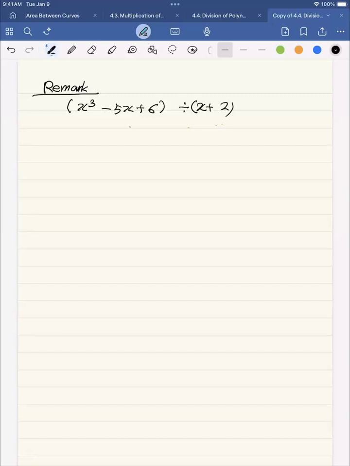When we have a division, x cubed minus 5x plus 6 divided by x plus 2, we can apply synthetic division. What we know is the numerator is degree 3. And when we solve for x, we get x equals -2.